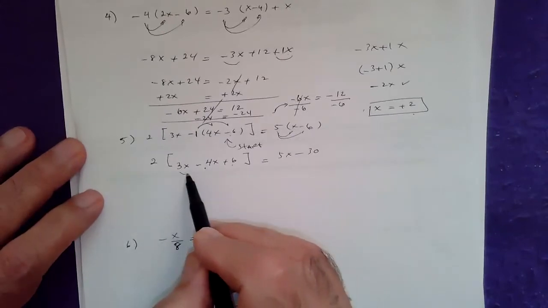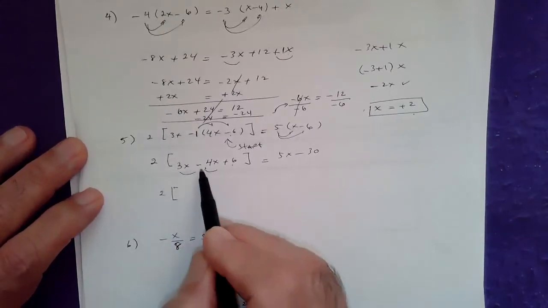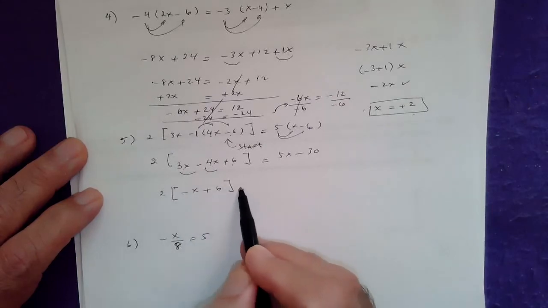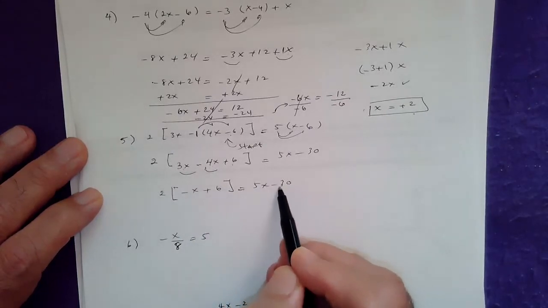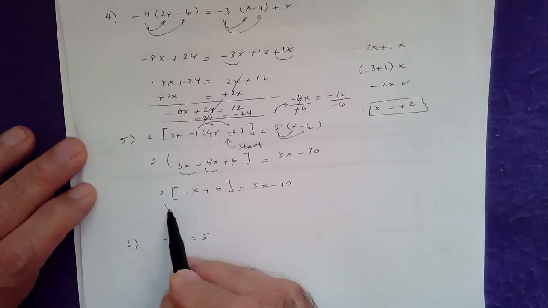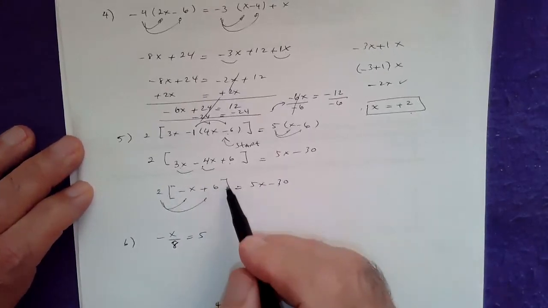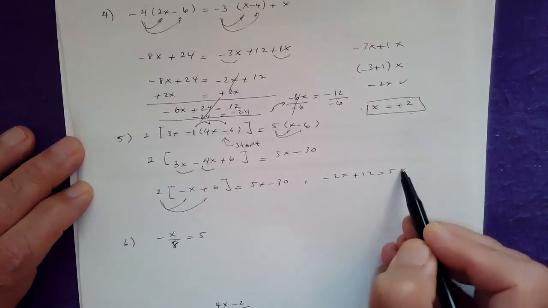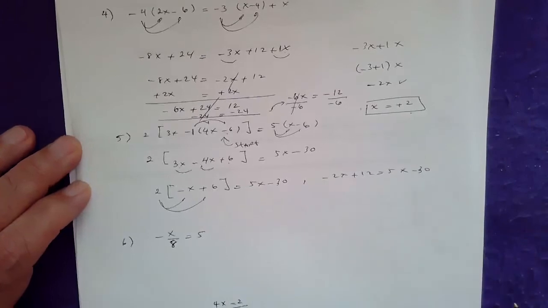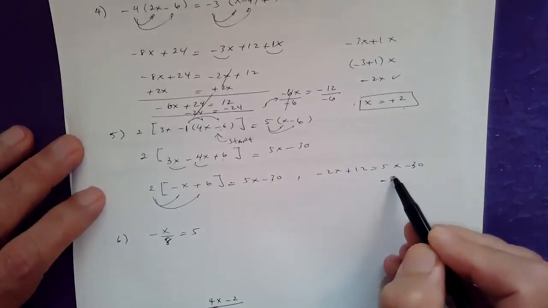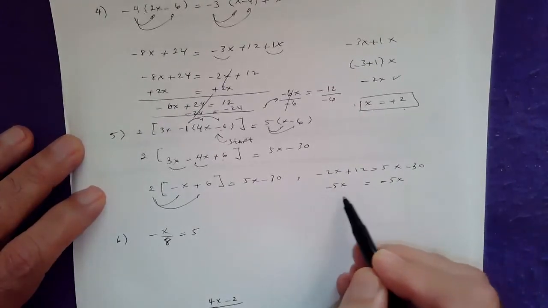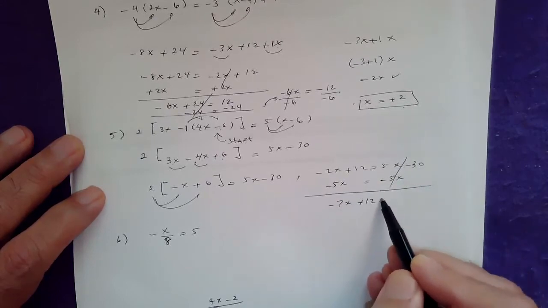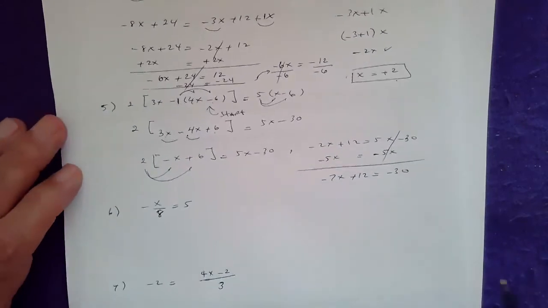Okay, combine the like terms here, so you get 2 times 3x minus 4x, which is negative x plus 6. Now you remove the parentheses, distribute the 2 over the brackets. You get negative 2x plus 12 is equal to 5x minus 30. Collect the x's to the left, so subtract 5x, you get negative 7x plus 12 equals negative 30.